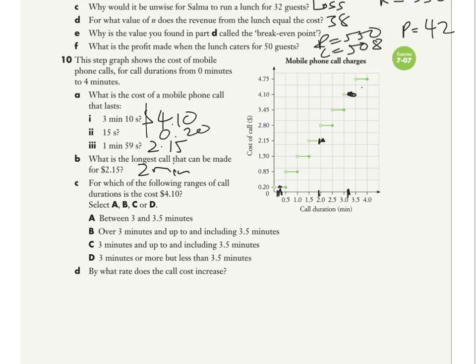So $4.10 is that there. So it is over 3 minutes, not including 3 minutes, and up to and including 3.5. By what rate does the call cost increase? So from 20 cents to 85 cents is 65 cents per 30 seconds.